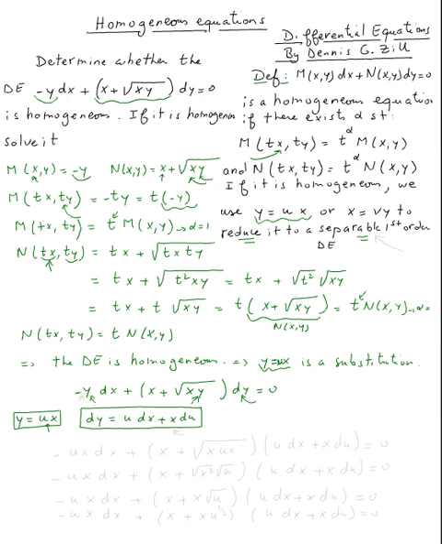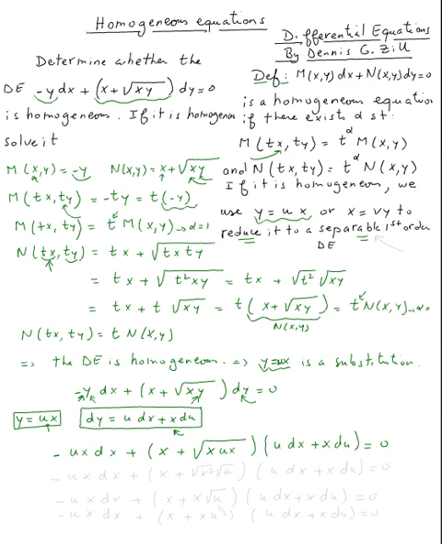So let's plug in. Let's start with minus y, which becomes minus ux dx, plus x plus square root of x, where the y again is ux, and the dy is u dx plus x du, and this is equal to 0.